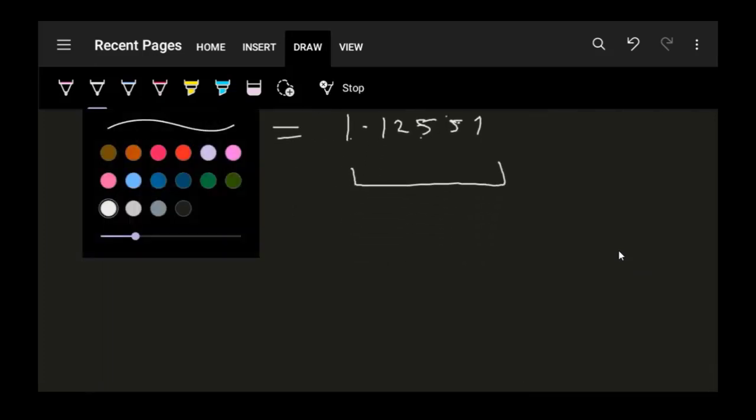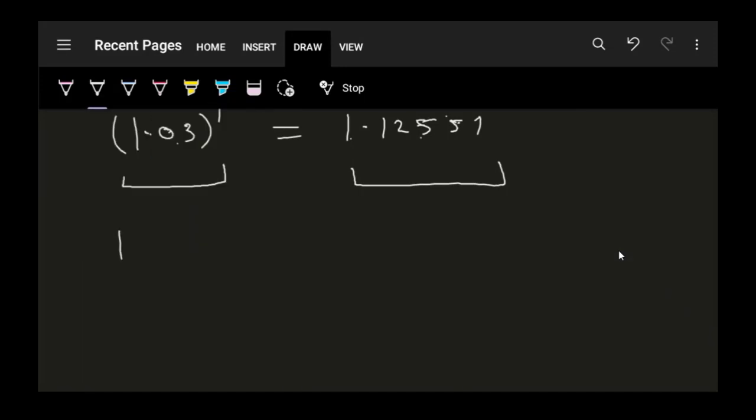So this 1.03 is actually 1 plus I4 upon 4, to the power 4.